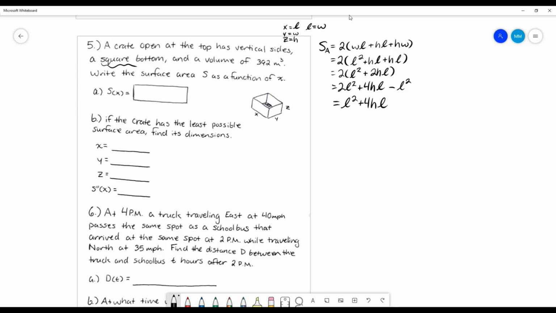And again, x is L here, so I'm just going to write the same thing over here, except with x's instead of l's. Oh, it says a function of x, and I forgot that our height is not x. That's the tricky bit, yep.